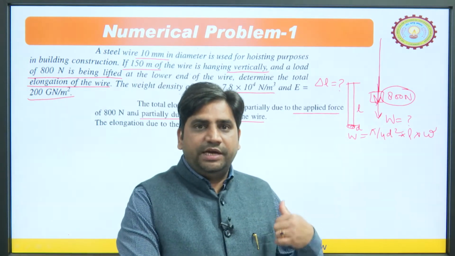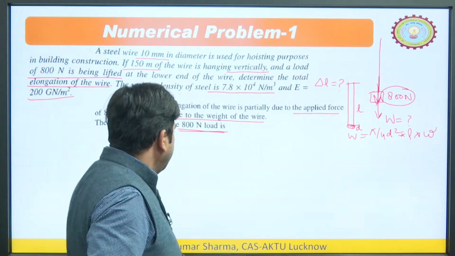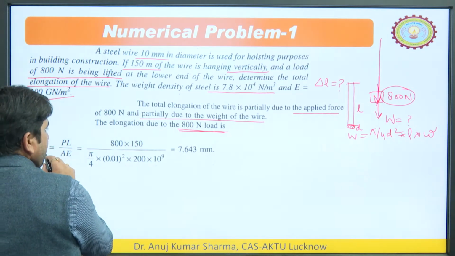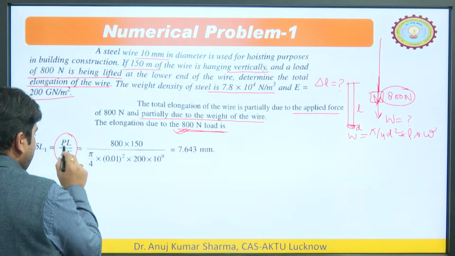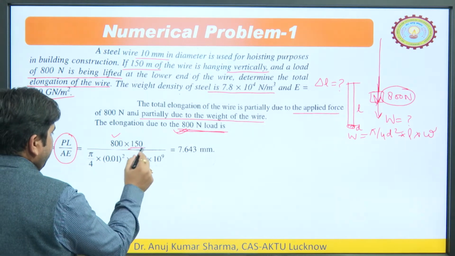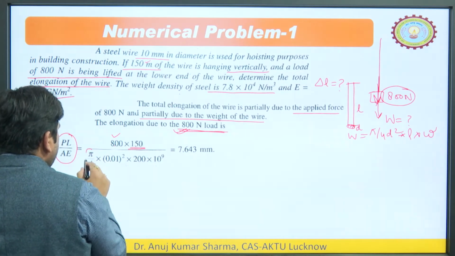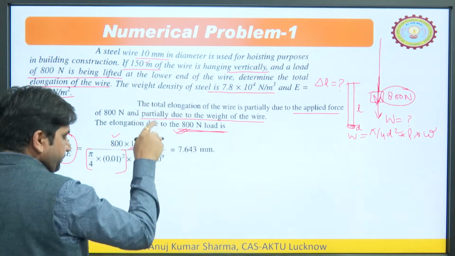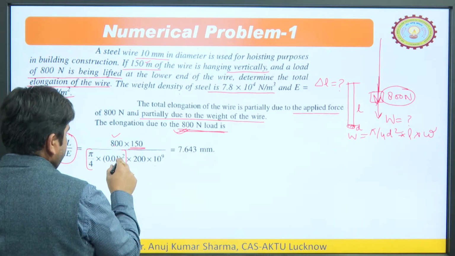Already in the previous slide we have discussed three formulas. So, delta L1 is the elongation in the wire due to the load of 800 Newton. That would be the formula we have already discussed, PL upon AE. Here P is 800 Newton, L is 150 meter, in SI units. A is pi by 4 d square, where d is 10 mm, converted into meter, 0.01 meter squared.